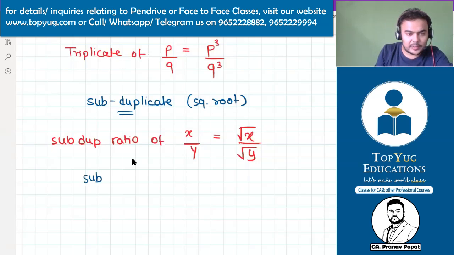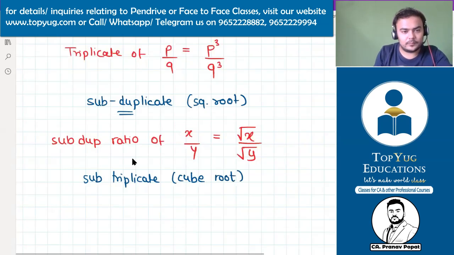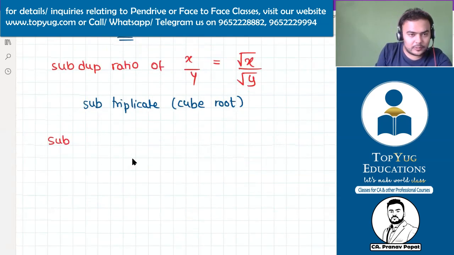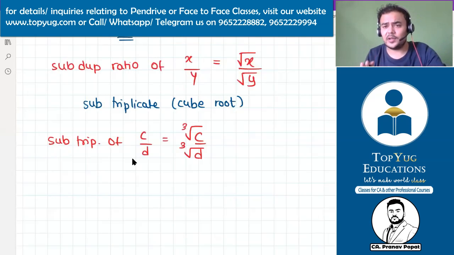Now the other thing is subtriplicate. Subtriplicate is cube root. So subtriplicate of c ratio d is cube root of c upon cube root of d.